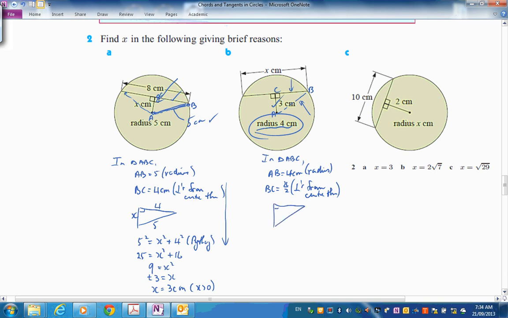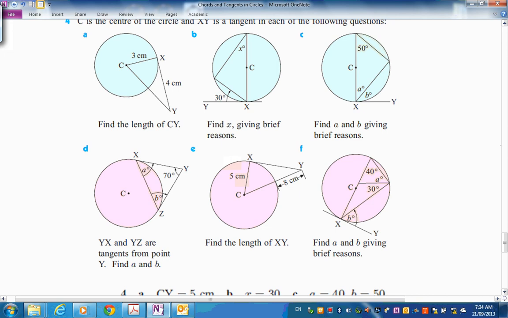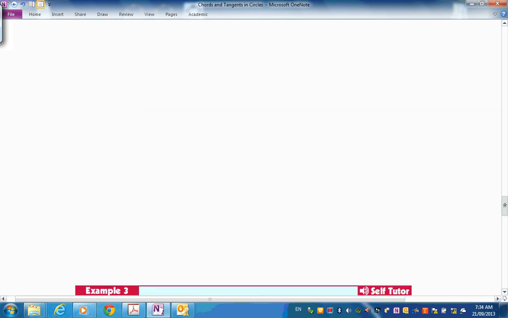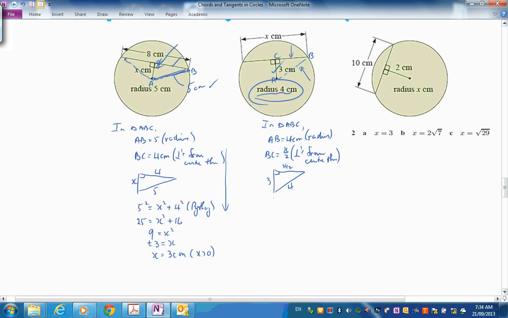This is x on 2, this is 4, and this is 3. So therefore, we lost that a bit here, so let's just go back up. So 4 squared, the square on the hypotenuse is the sum of the squares on the other two sides, which is Pythagoras.